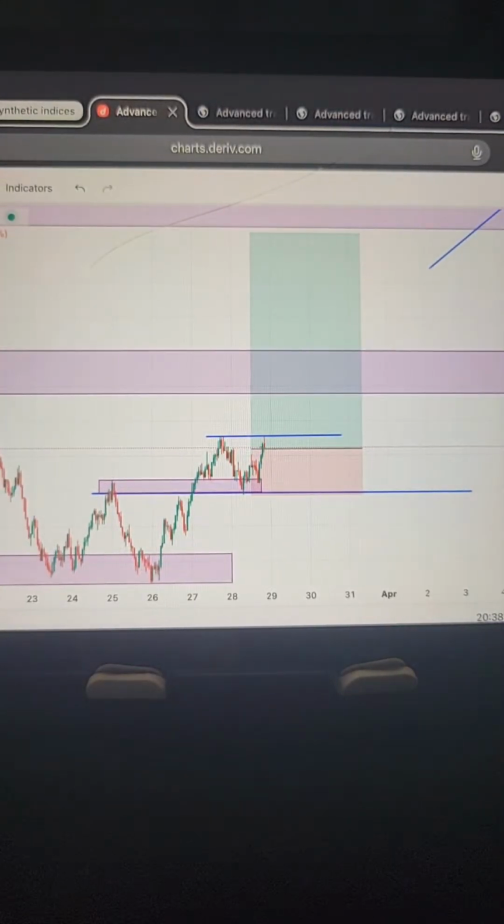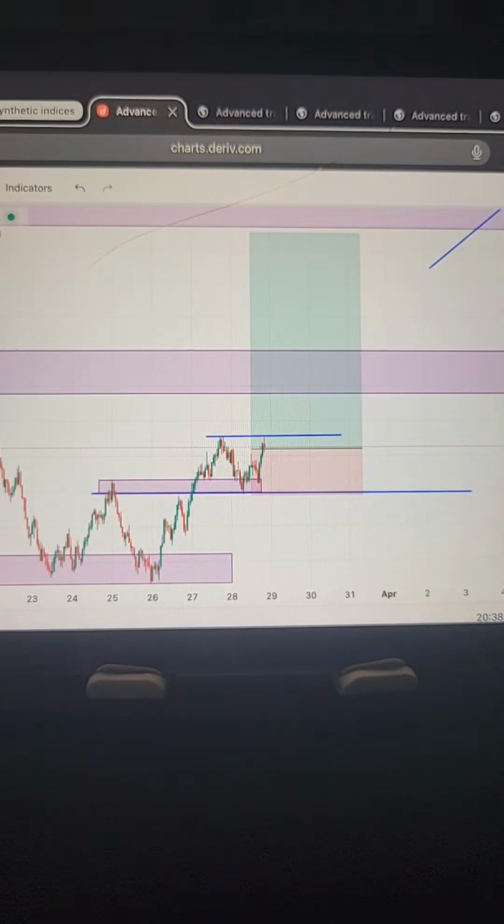And also, if you are a newbie in trading and you want to start trading synthetic indices, mind you, there are some assets that you should stay away from. There are some assets that you should not be trading if you are a newbie in synthetic indices. So I'm going to be listing the key assets that you should not be trading as a newbie on synthetic indices, so you will not blow your account.